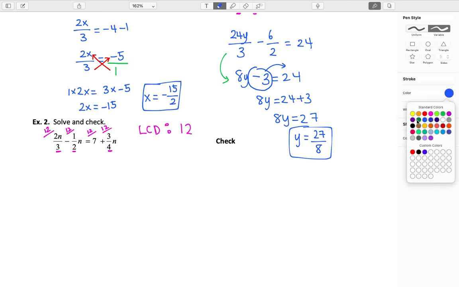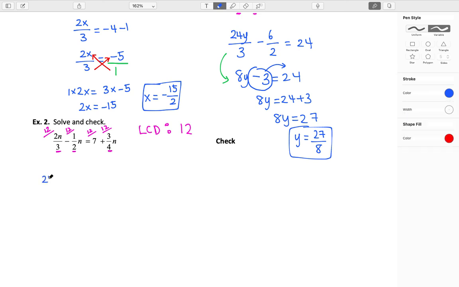So let's multiply to all numerators. So 12 times 2n is 24n over 3. And then 12 times 1 is 12n over 2. So this one, 7, doesn't have a fraction. You just multiply 7 times 12, which is 84, plus 36 over 4n. Okay.